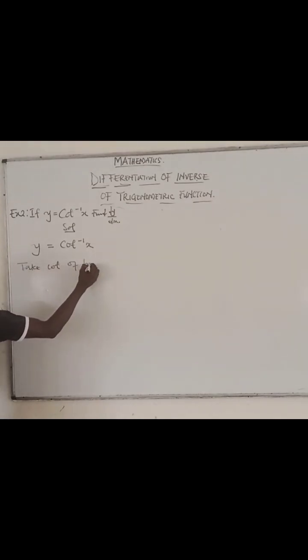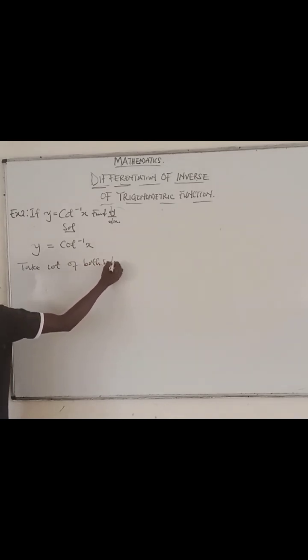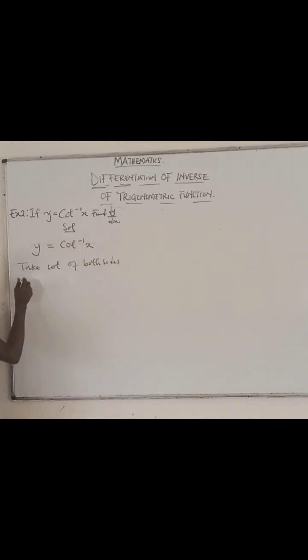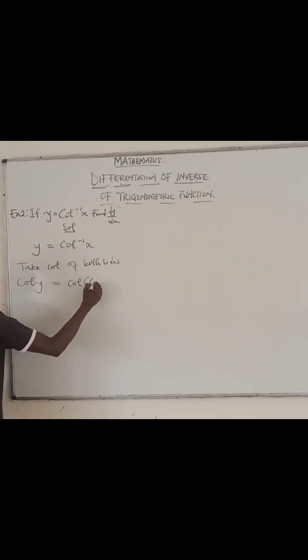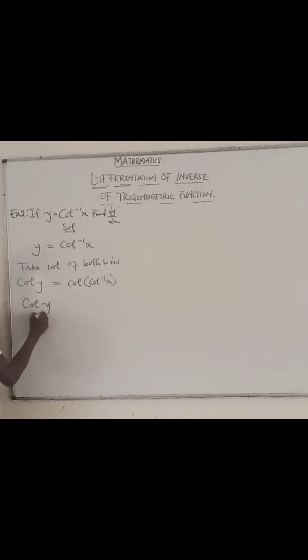Cot y is equal to cot of cot inverse of s. So cot y will be equal to s, because cot and cot inverse cancel each other. Is that clear?